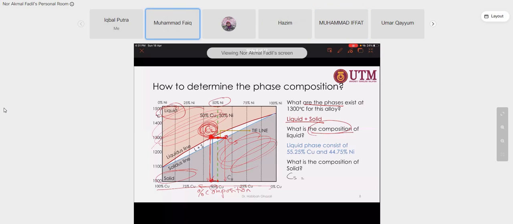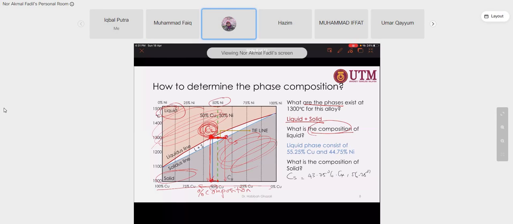How much? 43.75% copper. And what is the composition of nickel? 56.25%.